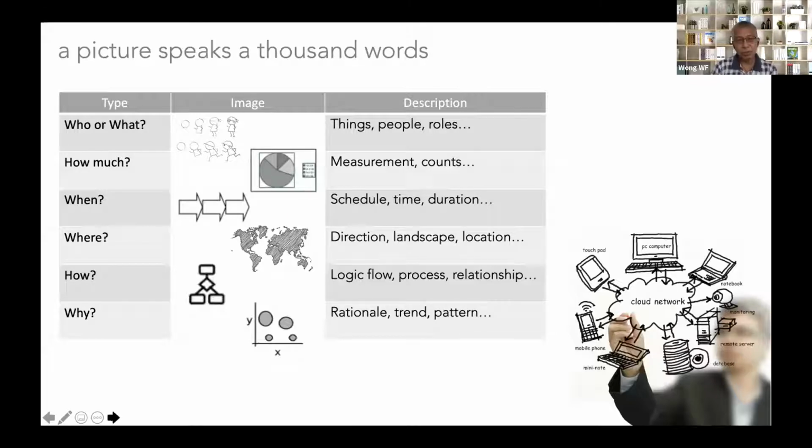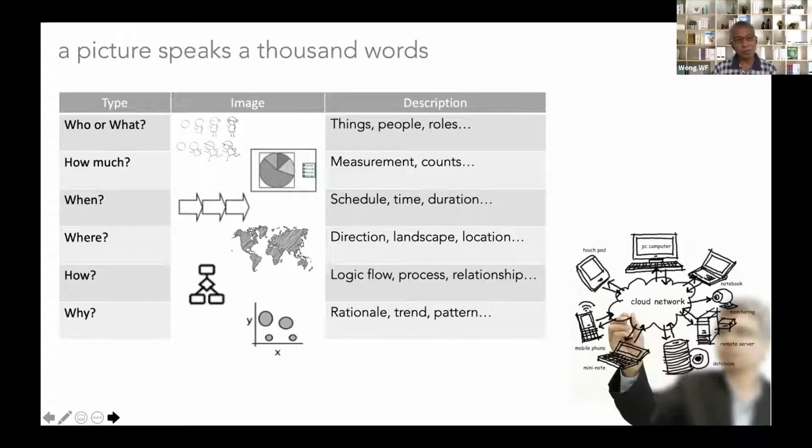Where typically you draw a map, direction. And how is commonly used by researchers a lot because there's a logic flow, process, relationship. And why usually is a line chart or patterns or trend. So start with things like that.